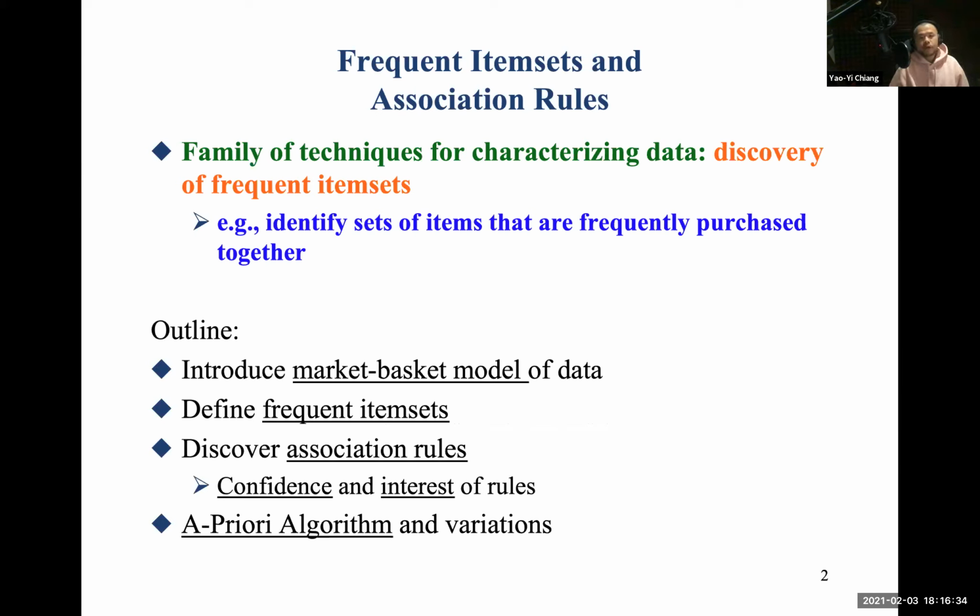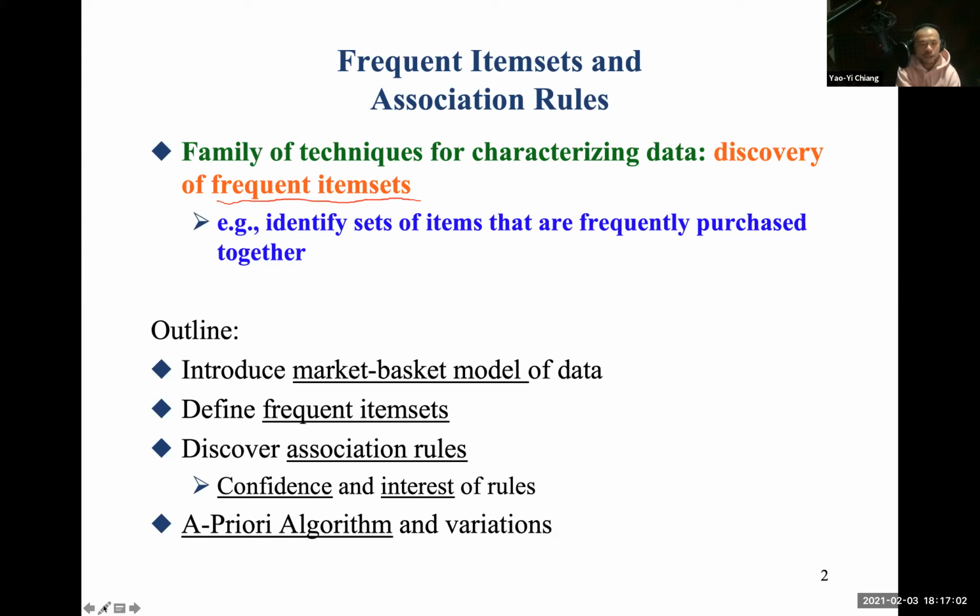We are mainly focusing on finding a very interesting pattern called frequent item sets. For example, these will be sets of items that are frequently purchased together, for example, in a supermarket. But frequent item set algorithms can be used in many different cases. They are not limited to supermarket transactions.